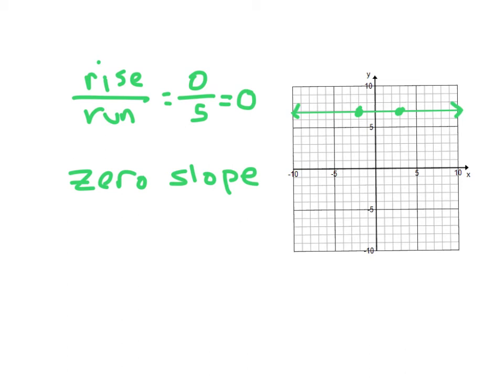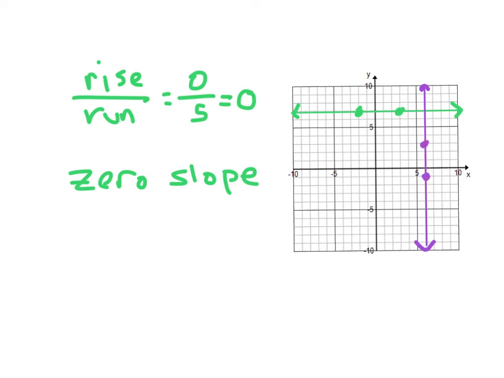How about if we had this line? Right, it doesn't matter where, right here. If we have this line, and again we pick a couple points on there to do our slope, here's one and here's another one. Our rise from this point right here to the other is 1, 2, 3, 4.